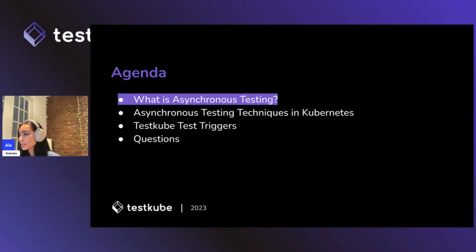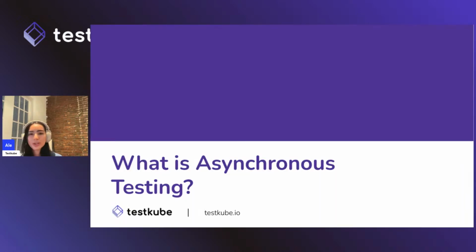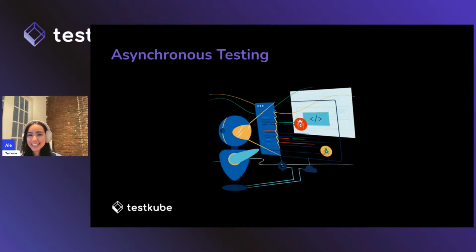Okay, so we'll get started with the first part of this short talk, which is what is asynchronous testing. Simply put, asynchronous testing refers to testing our application based on different events, situations or triggers without the need to do these manually and press run test.